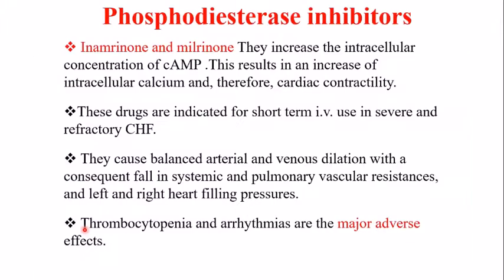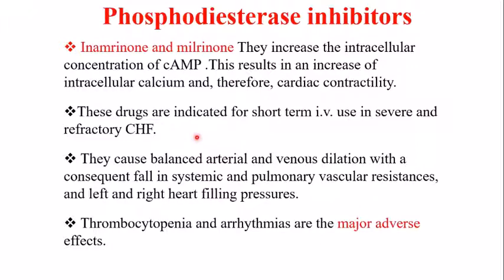Very simple. Phosphodiesterase inhibitors are another group of compounds, namely inamrinone and milrinone. These are drugs that increase the intracellular concentration of cyclic AMP. This results in increased intracellular calcium and therefore cardiac contractility. These drugs are indicated for short-term IV use in severe and refractory congestive heart failure.